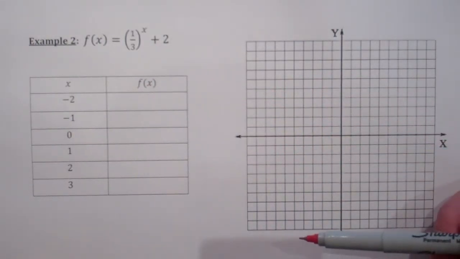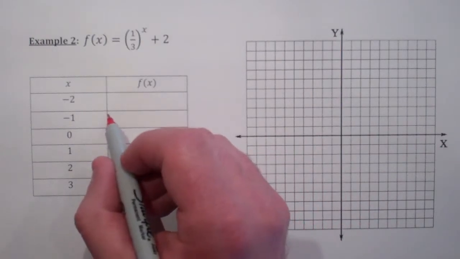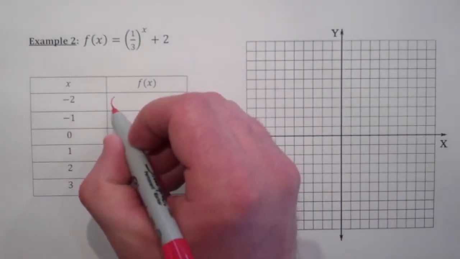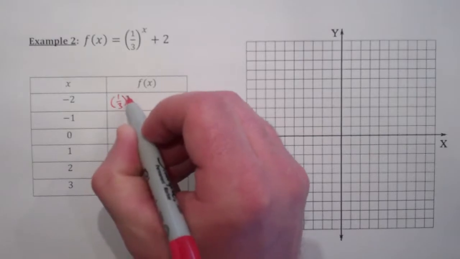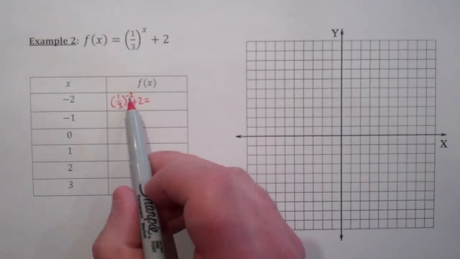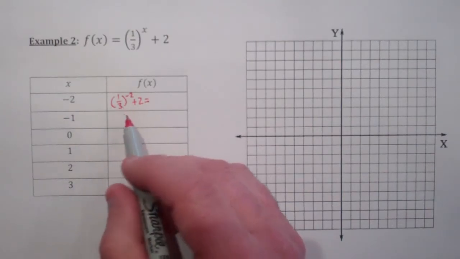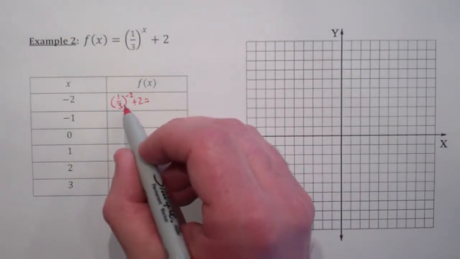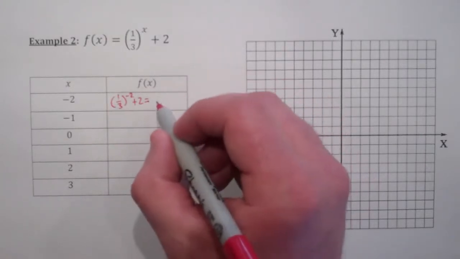graph looks. The first one is f at -2, so we have to take 1/3 and raise that to the -2 power. Raising to a negative power could be flipping the fraction on the inside and then raising to the positive exponent.